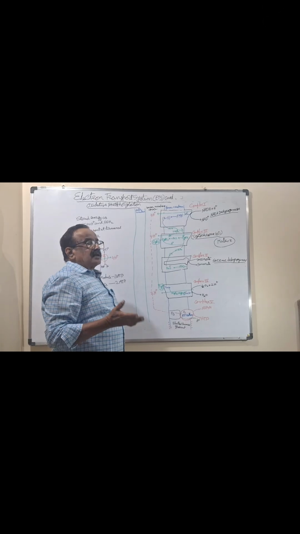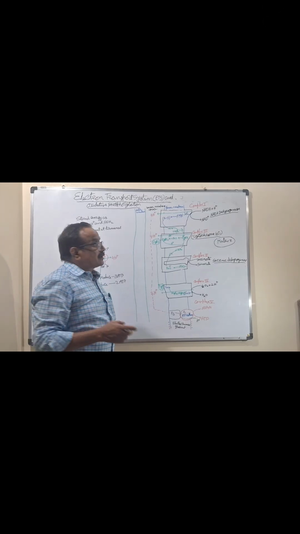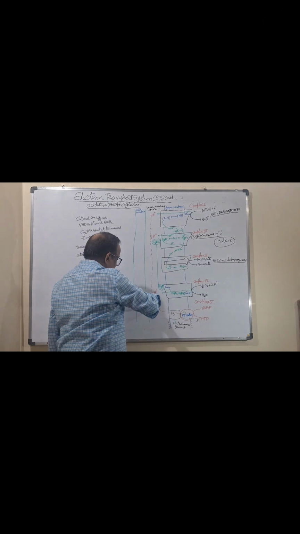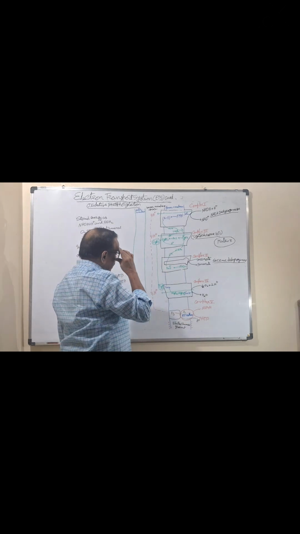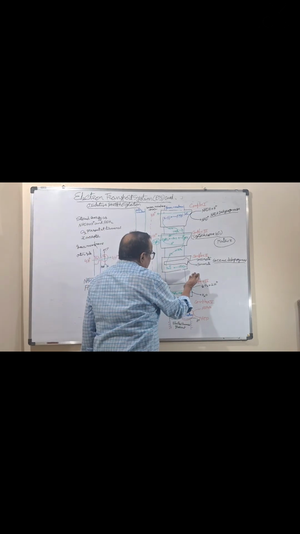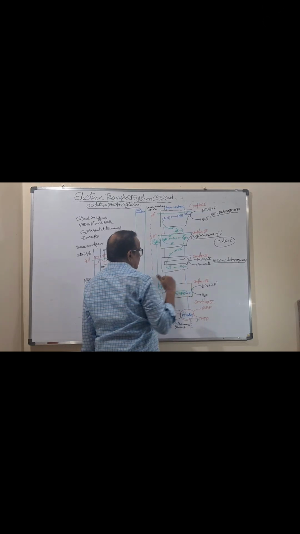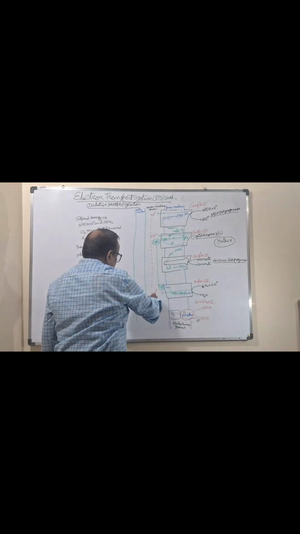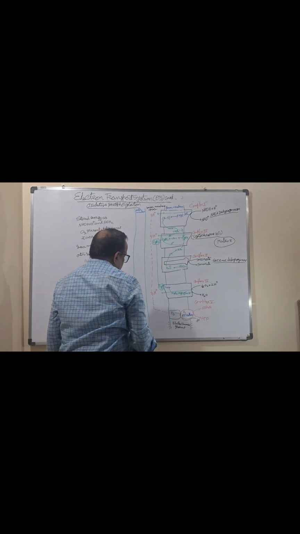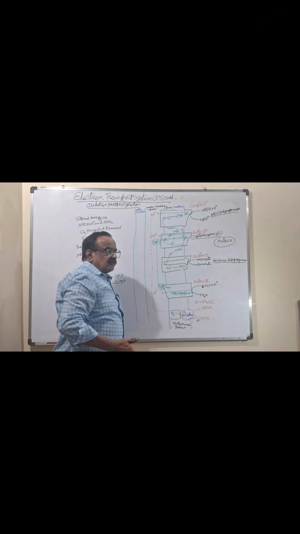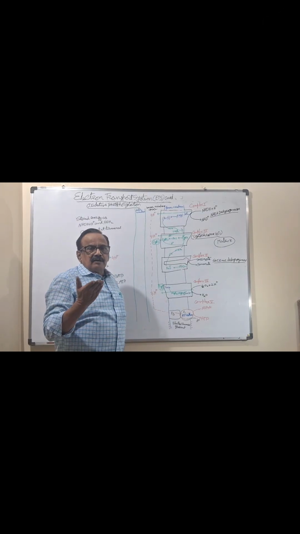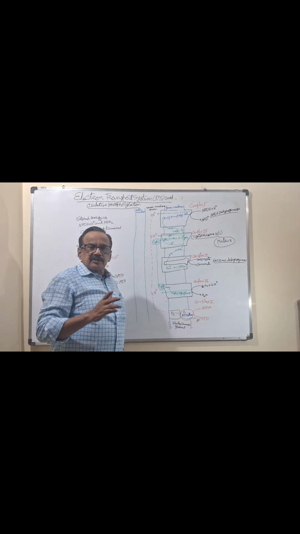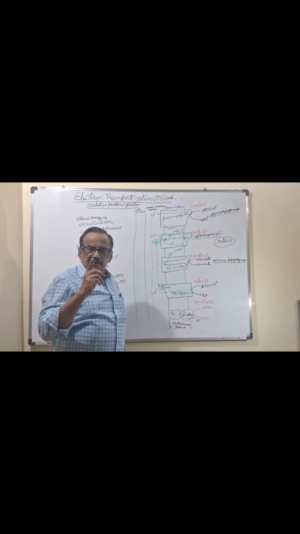The proton concentration will increase in the inner membrane space compared to the outside, the matrix side. So they will create a pressure to go out, and here we will apply the chemiosmotic hypothesis.